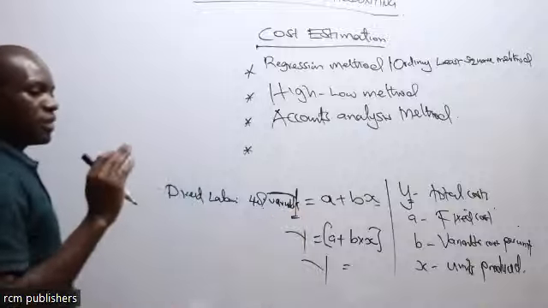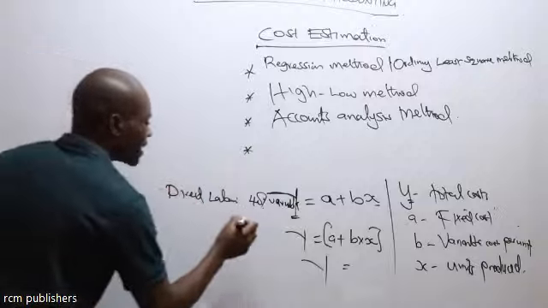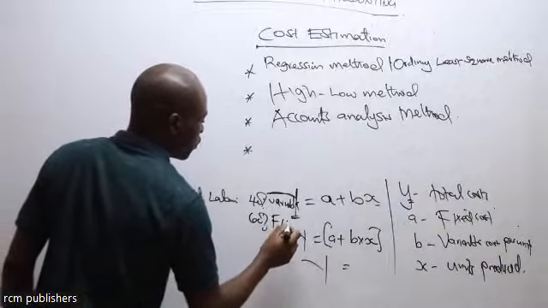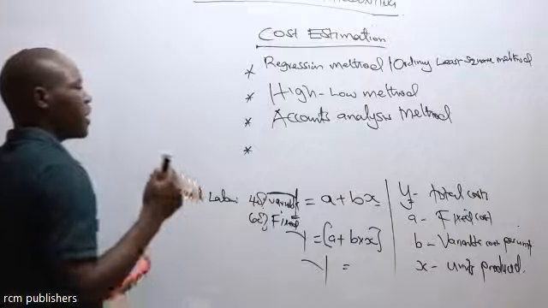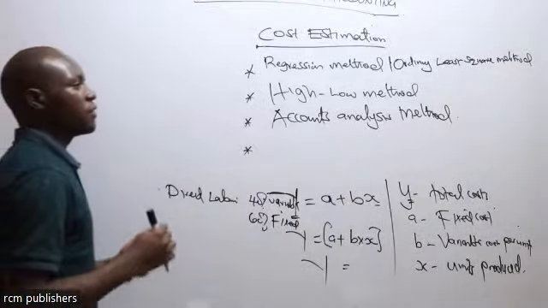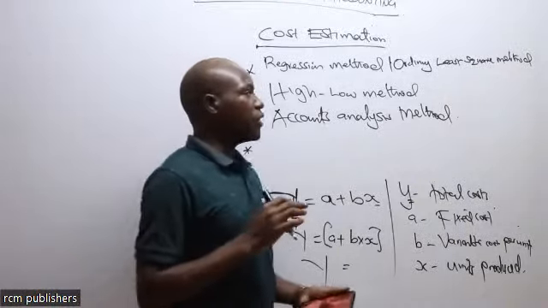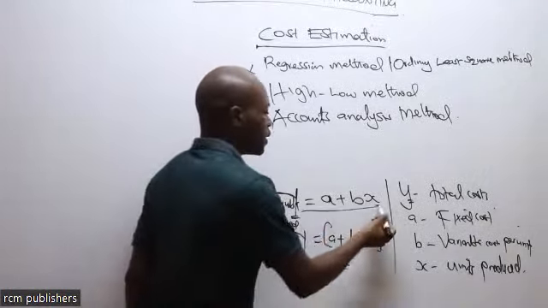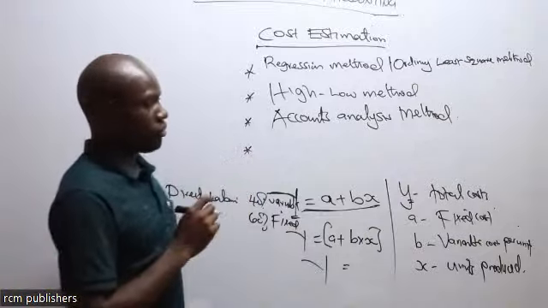So if it is 40% variable, it means the remaining 60% of this expense will be fixed. So we classify the costs into variable and fixed. Once that is done, we'll be able to move forward to get this particular function.